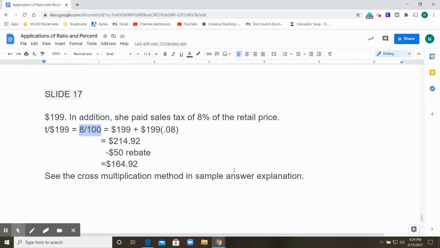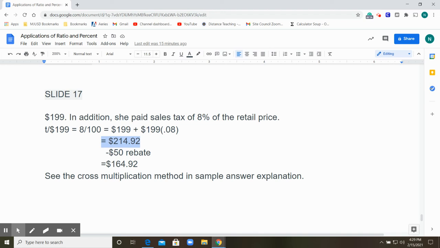Hey Siri, what is 8% of 199? 8% times 199 is 15.92. Okay, so that's 15.92. Hey Siri, what is 15.92 plus 199? 15.92 plus 199 is 214.92.